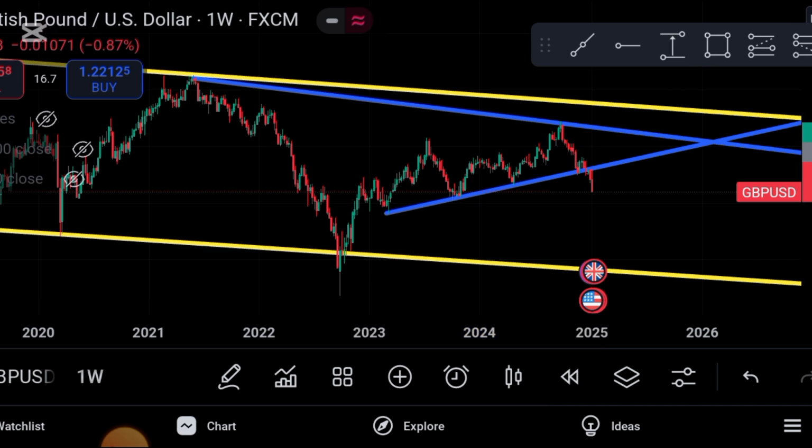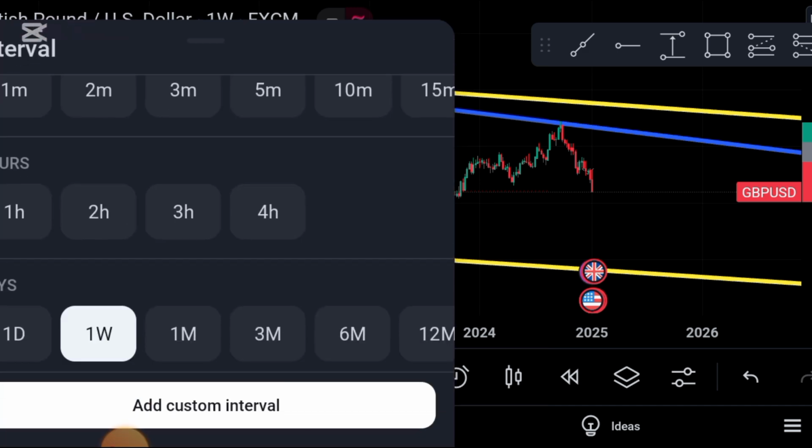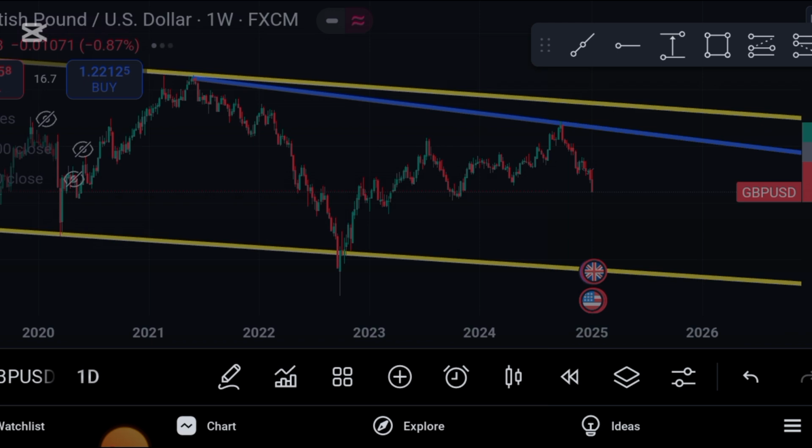This trend line also, we can actually leave it or delete it. Because it has been broken out of, we are going to be deleting that trend line. At this point in time, we do not have a trend line for the downside because there is no swing low. We're going to move to our 1 day chart.